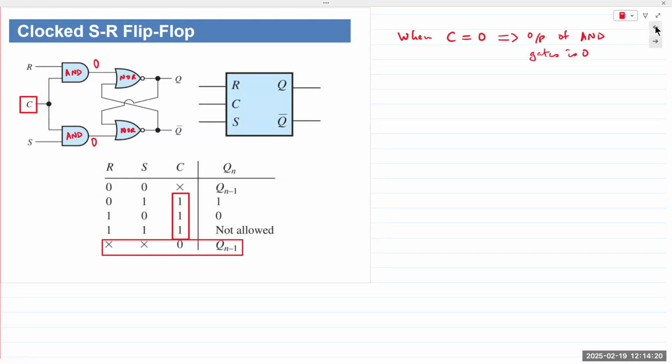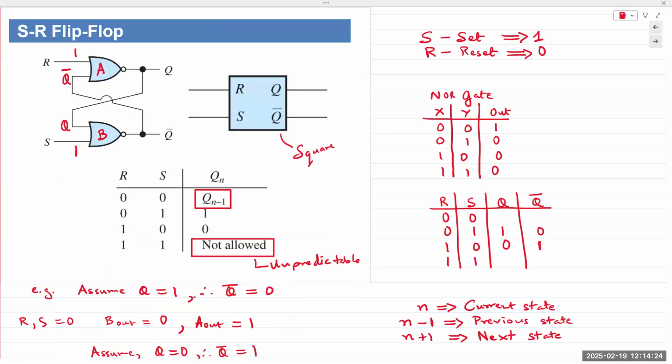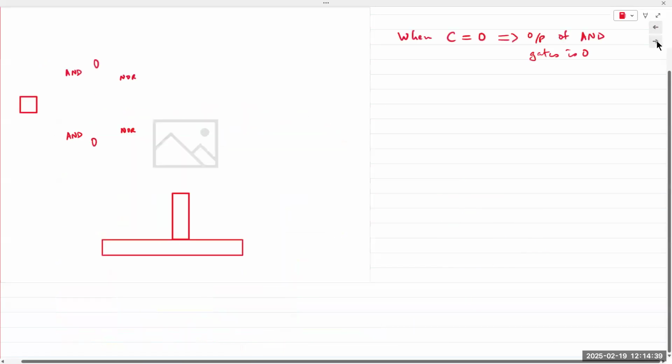Now you go back and take a look at the truth table of the SR flip-flop. What do we have? When R and S are 0, 0, the output is Qn minus 1, the previous state, meaning it has stored the output in memory. The output is not going to change.